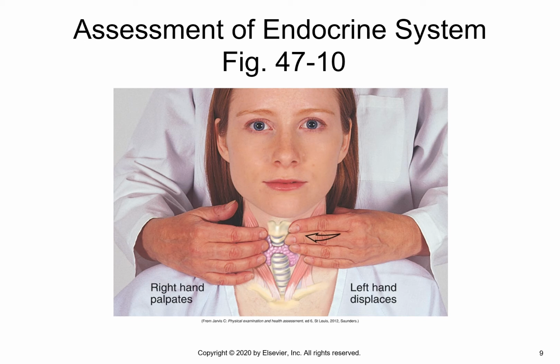To relax the neck muscles, ask the patient to flex the neck slightly forward and to the right. Displace the thyroid cartilage to the right with your left hand and fingers. Palpate with your right hand after placing the thumb deep and behind the sternocleidomastoid muscle with the index and middle fingers in front of it.